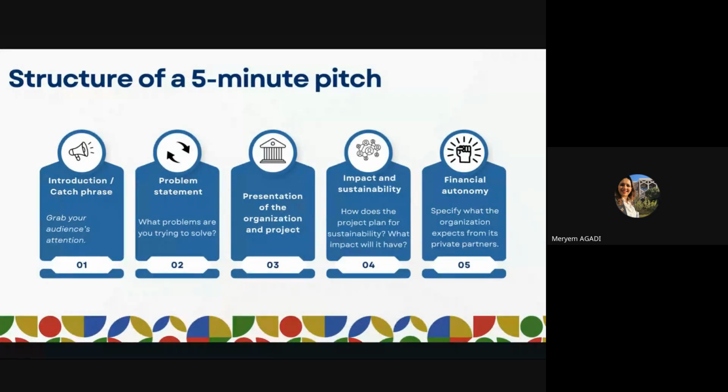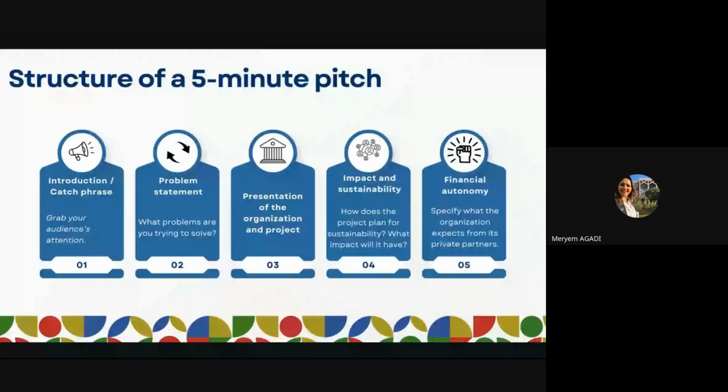And here, maybe we can talk about the business model, the business plan. And last but not least, the financial autonomy. Here you have to specify what the organization expects from its private partners. And you should explain clearly and simply what your needs are, how we can help you, what you really need.